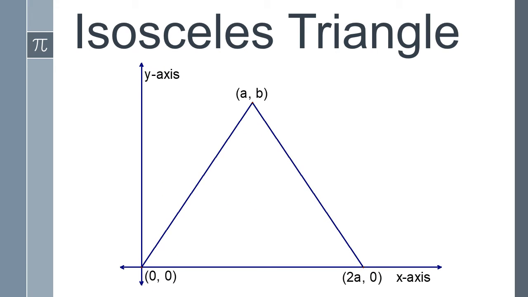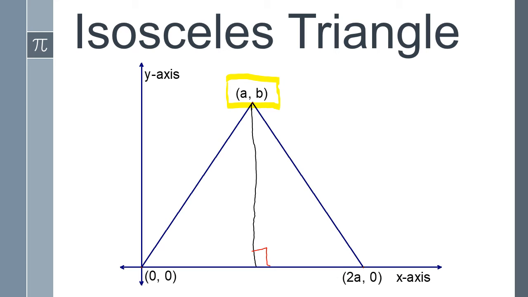With an isosceles triangle, the first thing we want to do is name the vertex. We would always name the vertex (0, B). The reason is that if we drop an altitude down, and it's an isosceles triangle, we end up with two congruent triangles.